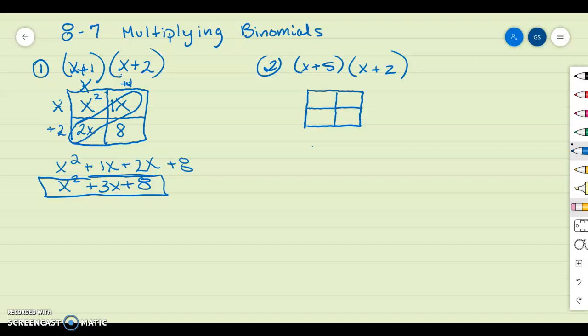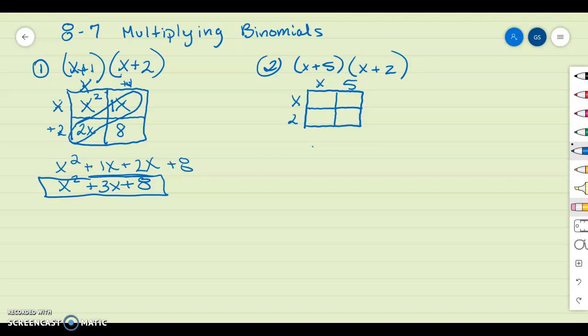And now we're going to put our binomials on the top and the left of the box. So we have an x for the first term, and we have a positive 5, which is just a 5, for the second term. We have an x and then a plus 2. So the first term is x, second term is 2.